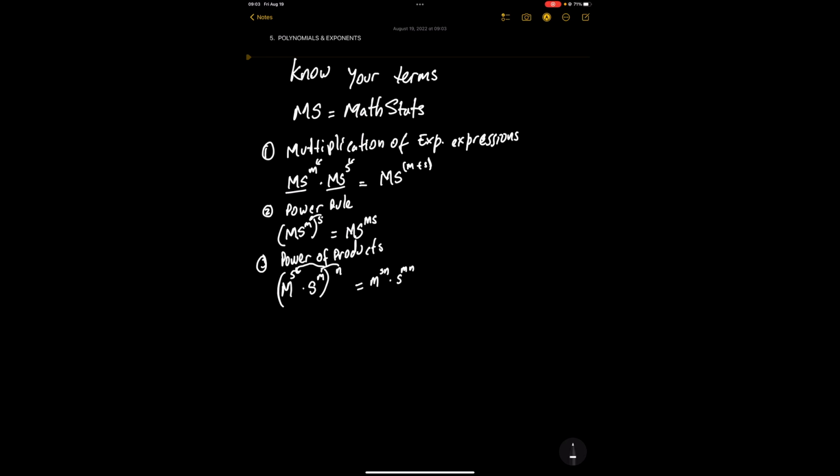So in this case, I'm multiplying the exponents together, meaning I'm distributing the exponent n to both inside exponents m and s. Let's say another one. Now, let's say we're going to divide.